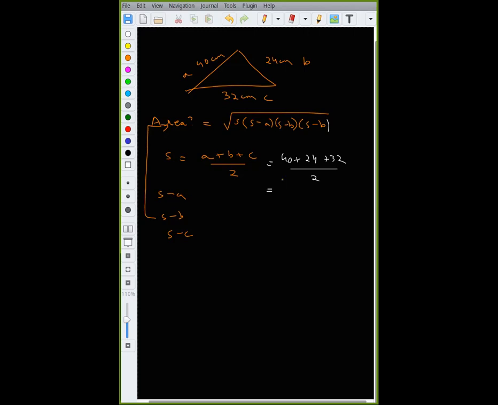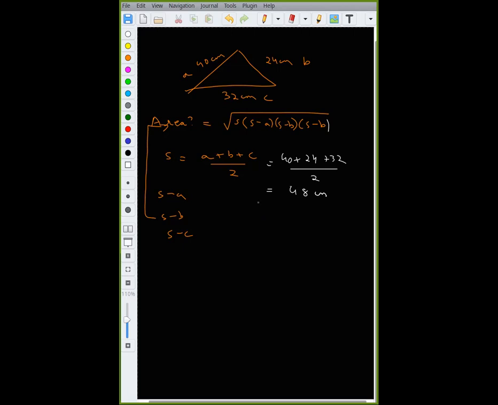Mental maths, come on, Arpita. 40 plus 24 will be 64. 64 plus 32 is 96. 96 by 2 is 48. Yes, 48, sir.